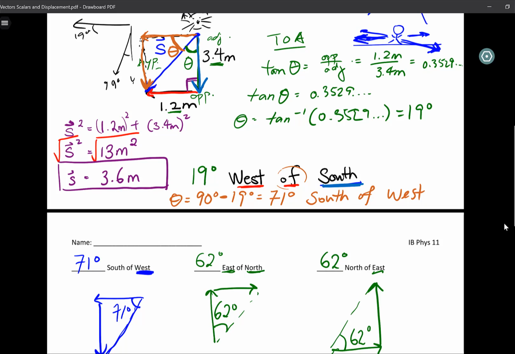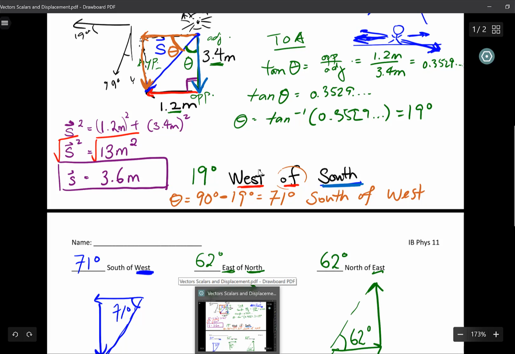So whenever you say some angle, and then one direction of another direction, it's always the opposite of the order of what you think it is, okay? So you flip the order, and that's how you would write it, and that's how you interpret it as well. So I go 90 degrees west of south, I take my marker, I move south first, and then I move west, okay? So it's always the opposite.